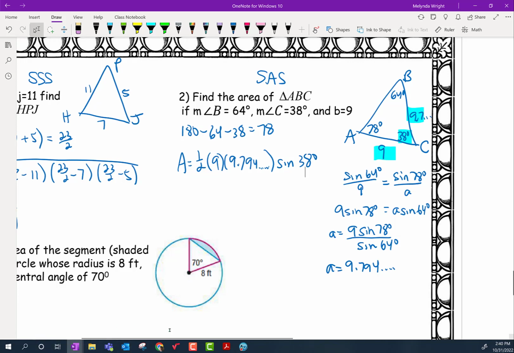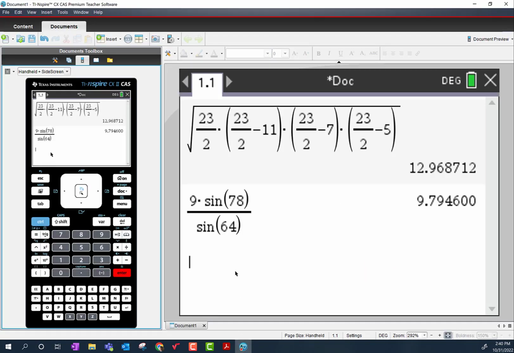All right, so let's do that. So here we go. I'm doing a fraction because I like to. You don't have to. You could do 0.5 if you wanted to. That's fine. 1/2 times 9 times. Now I'm going to use my arrows and scroll up and highlight this number. And when I hit enter, it puts it down here in all of its beautiful glory, all those numbers.